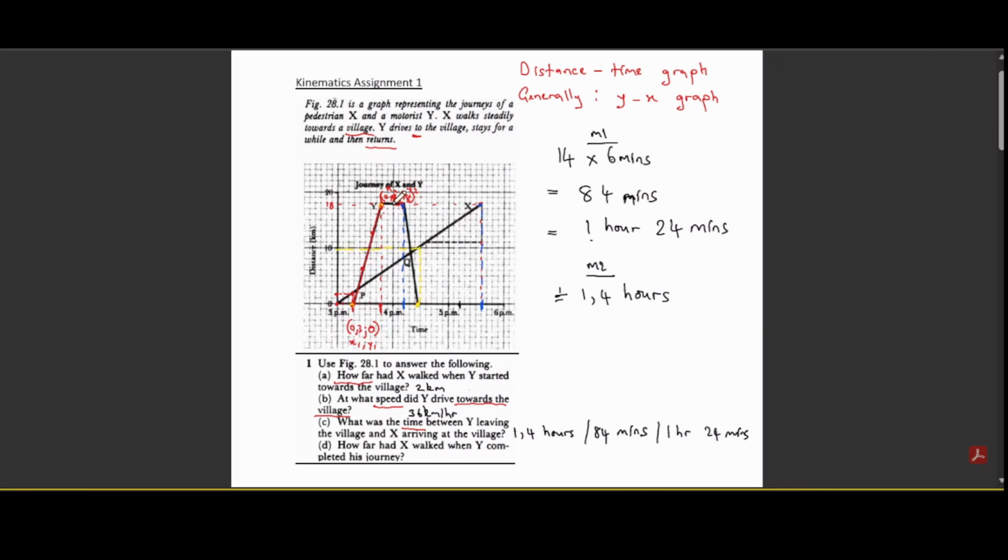Toona kuti pakapedza y journey andika x angafamba 10 kilometers. Yatopera. So I think this makes the content of what we wanted to learn today.